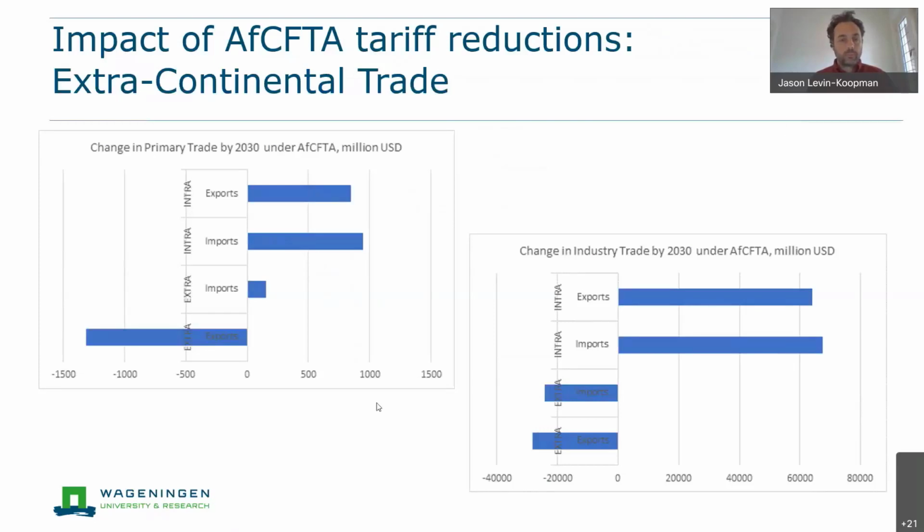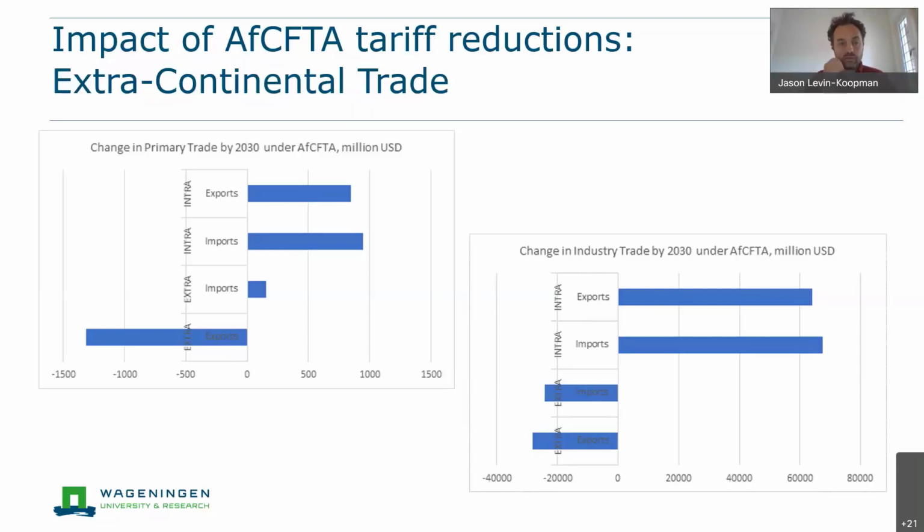This slide shows the changes in macro trade patterns. The top left is for primary agricultural products, and the bottom right is for the non-agricultural products. What happens is there's a shift in trade from external to within Africa.